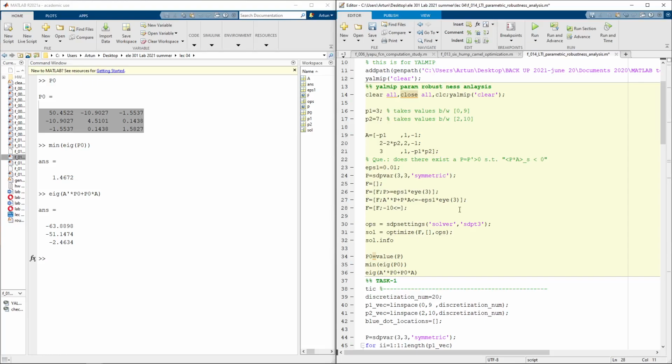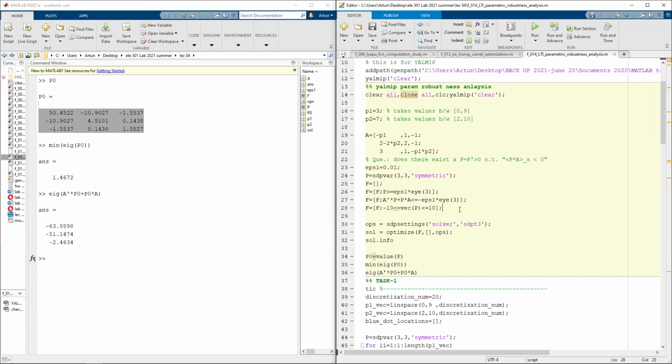I vectorize the p matrix, and 10. I'm saying I don't want any p matrix entries outside of this range that I specified. I just added one more constraint, and this is a linear constraint, so it's not something that we need to worry about.